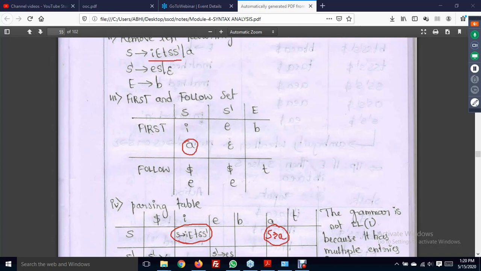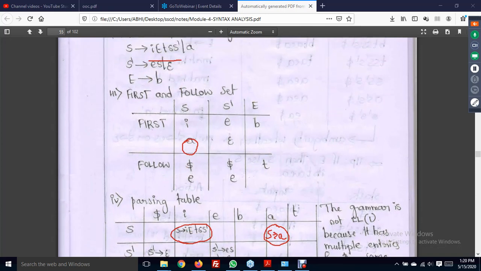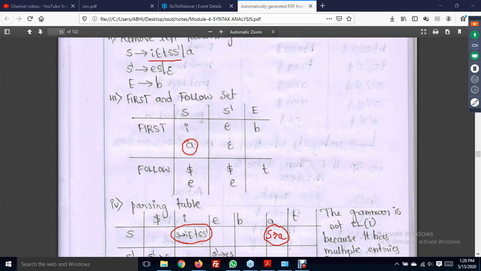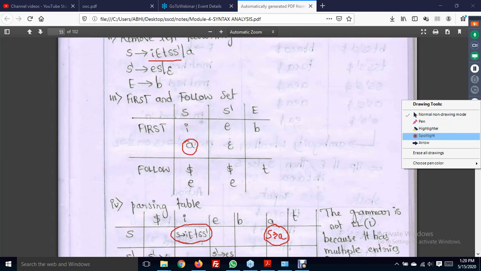Kindly write it down, as in my note it has been missing. S tending to a in the cell of row S and column a. Kindly note it.